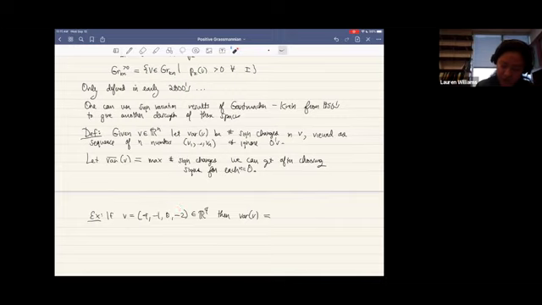So var of v is 1. But on the other hand, if I'm computing var bar of v, I want to maximize the number of sign changes, so I think of this 0 as a plus. And then I see 3 sign changes: plus to minus, minus to plus, plus to minus. So that is var bar of v.